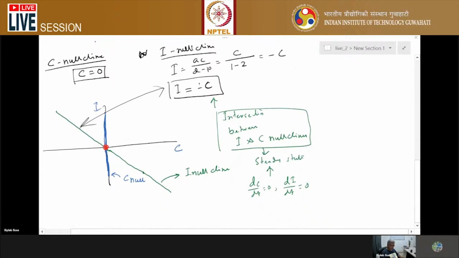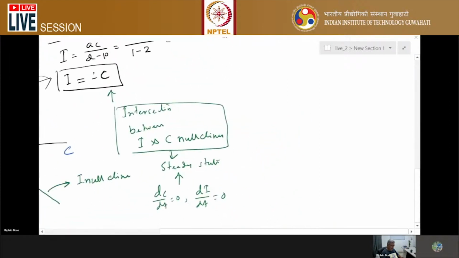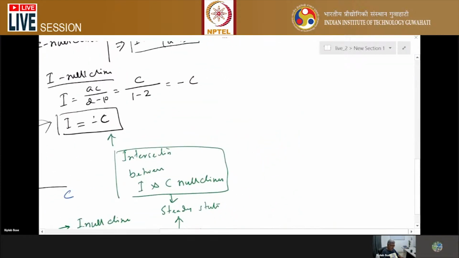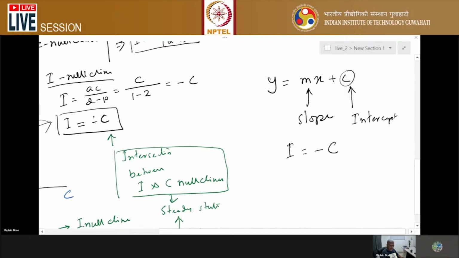So the answer is basic linear equation of a line. The equation of a straight line is y equal to mx plus c, where m is the slope and c is the intercept. Our equation is I equal to minus c. Don't confuse this c and this c. This is the intercept, and here, equivalently, if I map, this is y equal to minus x.